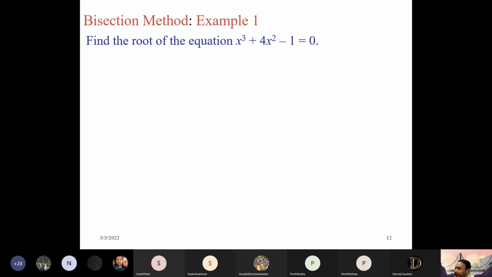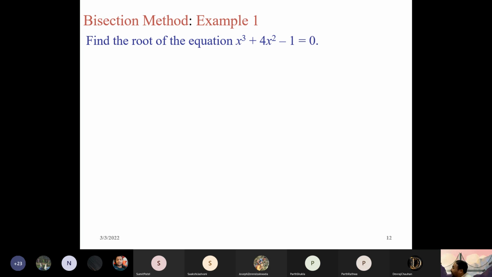On what basis will I decide this is my A and this is my B? F of A and F of B should have opposite signs. Now, if I modify these questions, find out the positive and smallest root of the function. How many roots here? 3 roots. But I'm asking for the positive and smallest root.